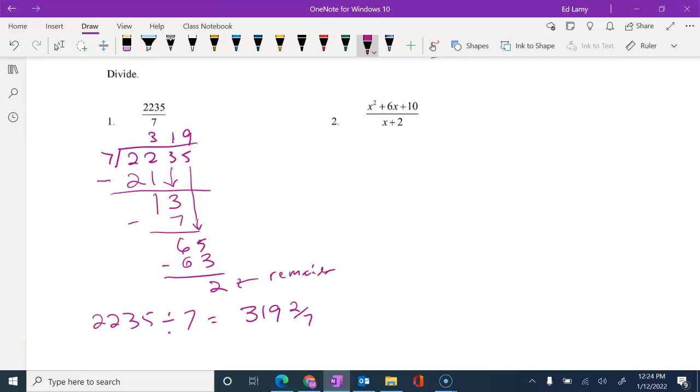And this 319 and 2 sevenths, we imply addition. We don't write an addition. So when you say 319 and 2 sevenths, it means 319 plus this little bit, this 2 sevenths. I say that because we're going to need that implied addition when we actually do it with polynomials.